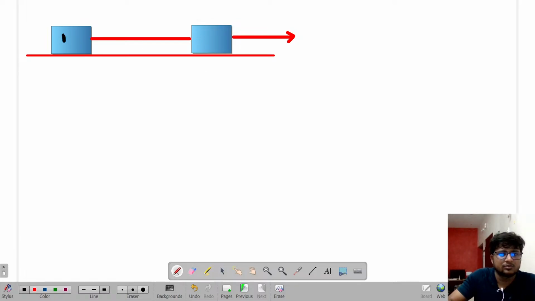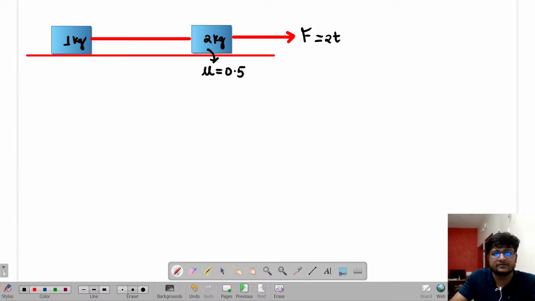This is a block of mass 1 kg, and this is a block of mass 2 kg. I am applying a time dependent force F equal to 2t, and here the value of mu is 0.5, and here the value of mu is 0.6. Are you able to get me or not?